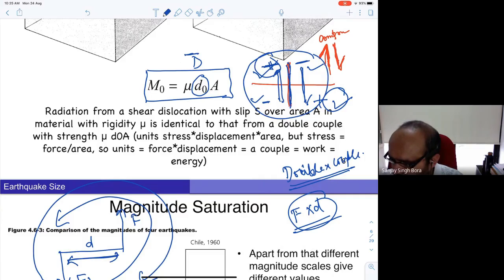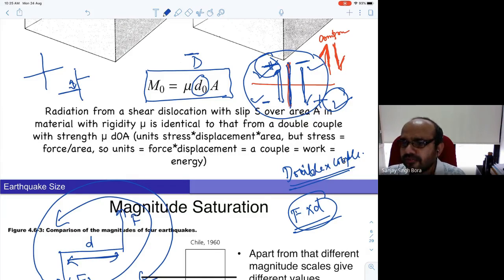So if two blocks were like this in the beginning, after the earthquake, how much have they moved on average at each location? The movement at different locations will be different, right? But on average, the total displacement after the earthquake is called D naught or D bar.